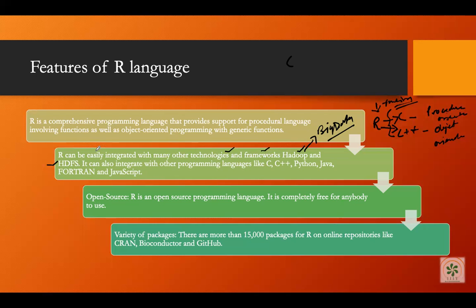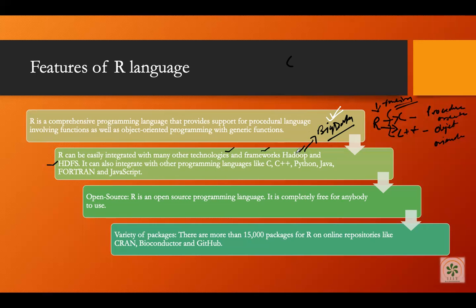Now we know that Hadoop is the framework which is working in HDFS, which is called Hadoop distributed file system, and it is useful for big data analysis. And you see R programming is very much popular among big data analysts, or the persons who do big data analysis.